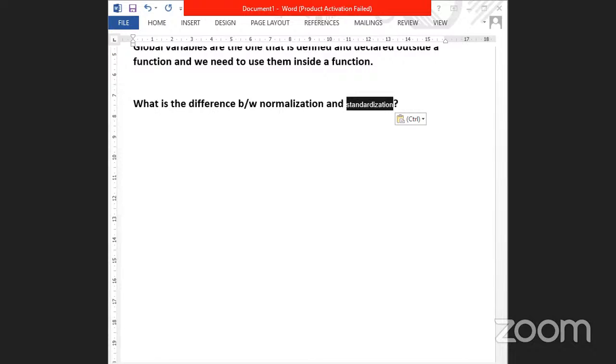So for normalization, the minimum and maximum values of the feature are used for scaling, and it is used when features are of different scales. Values are between 0 and 1 or minus 1 to plus 1, and it is really affected by outliers.